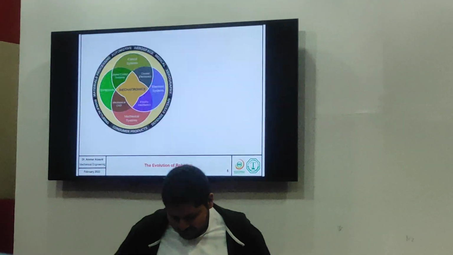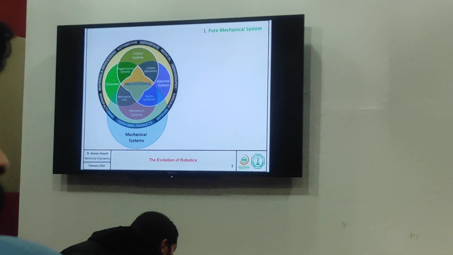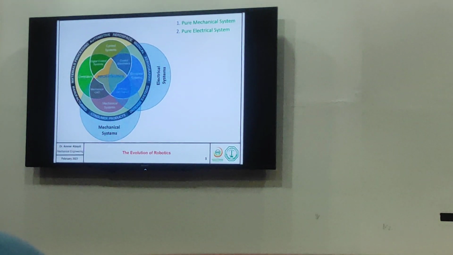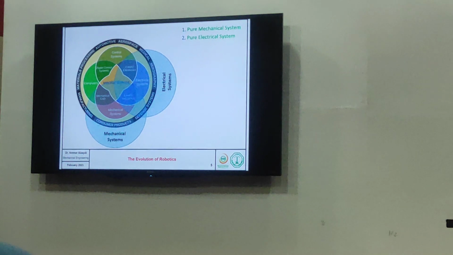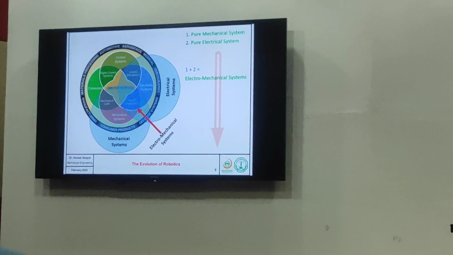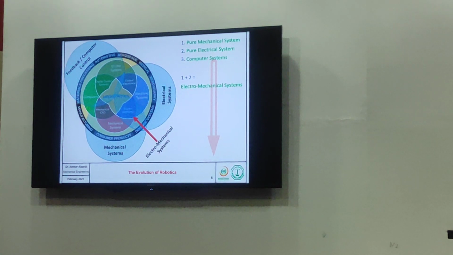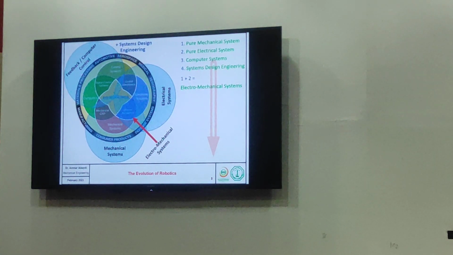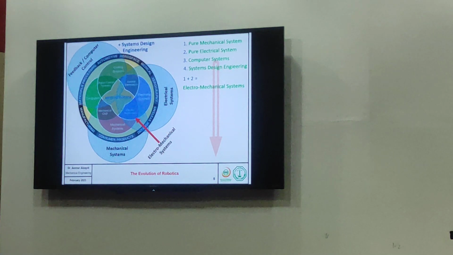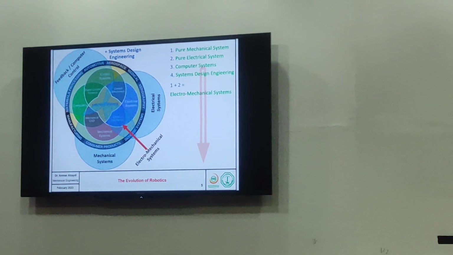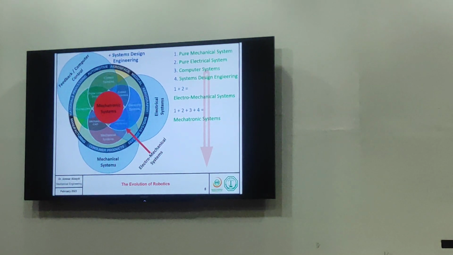If we know mechanical engineering, it's all about mechanical systems. If we add electrical systems to that, what do we get? We get electromechanical systems. If we add some feedback, some computer control, plus the concept of designing a system, so you have electrical, computer, mechanical, and the control or the design of a system, then you have mechatronics engineering.